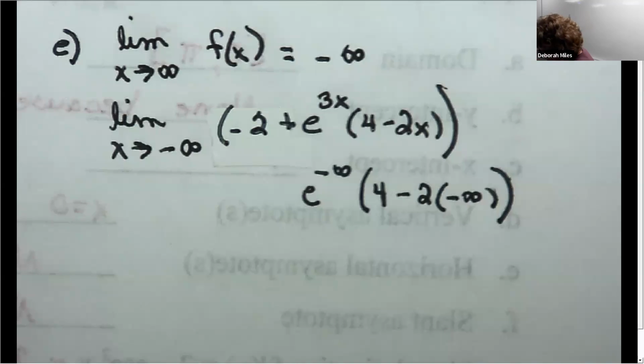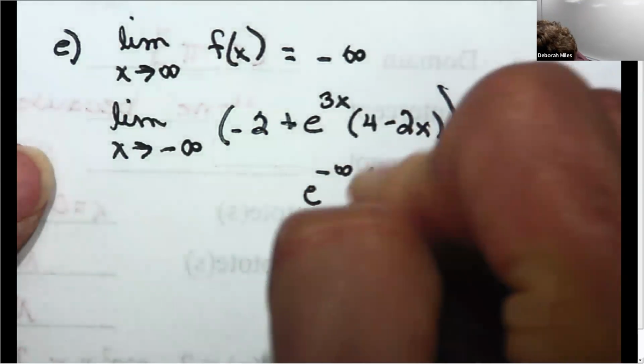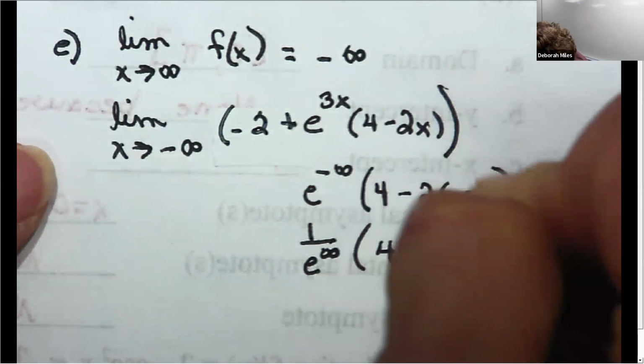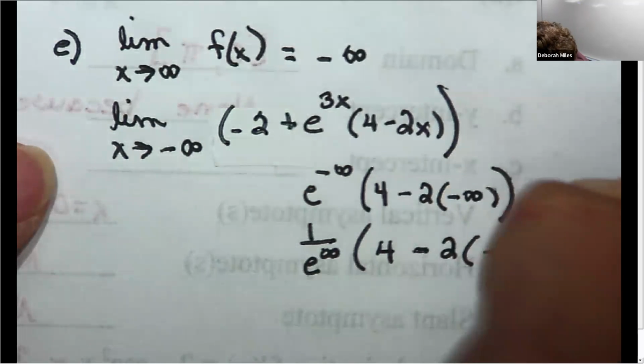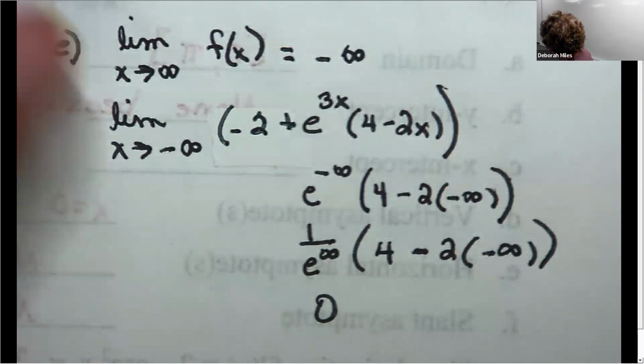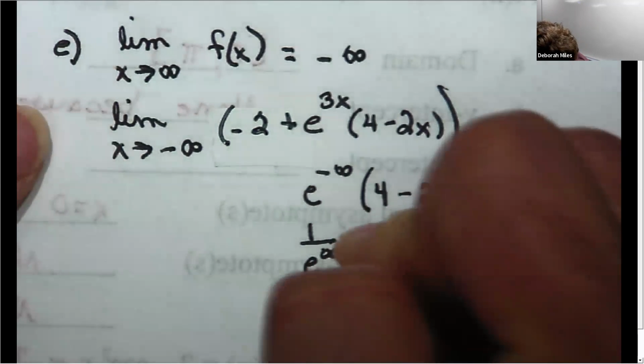Because that's 1 over e to the infinity, that's 1 over a bazillion, and that's getting closer and closer to 0. What about what's inside parentheses? Yeah, it's getting bigger and bigger and bigger.